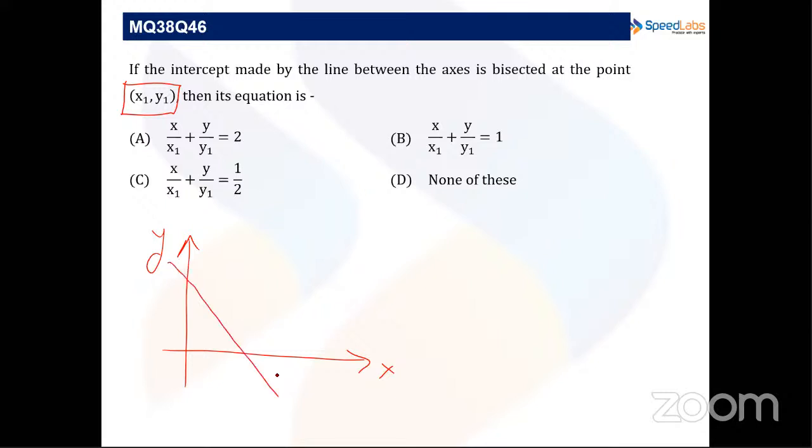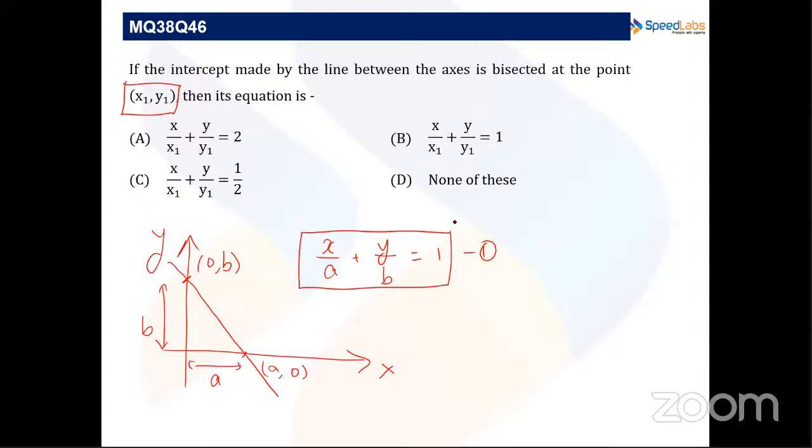So let's have this equation of a line, and let's say its intercept on x-axis is a, so this coordinate will be a comma 0, and intercept on y-axis is b, so this coordinate will be 0 comma b. We already know the equation of the line making intercepts a and b on x and y-axis respectively is x upon a plus y upon b equals to 1.